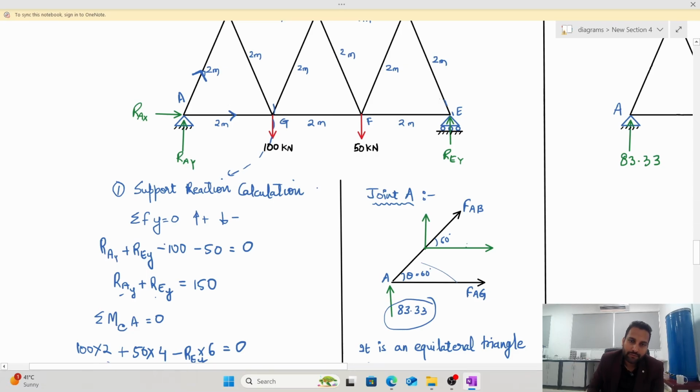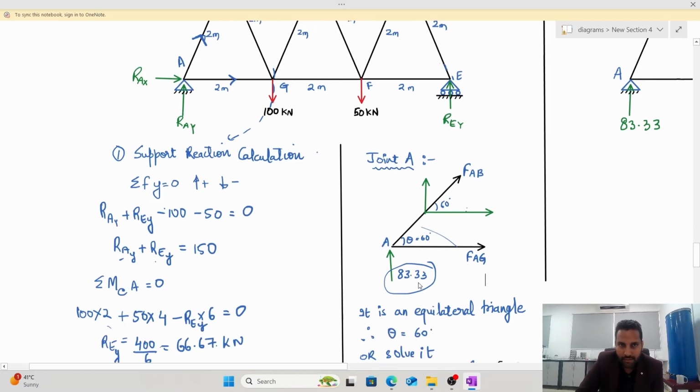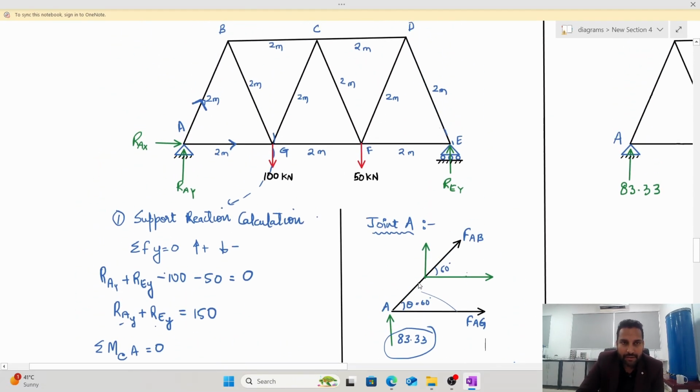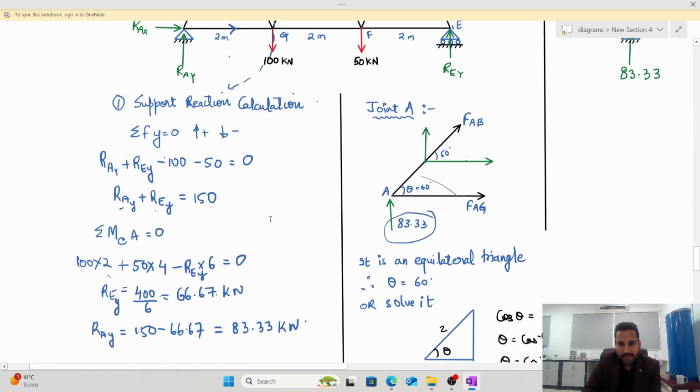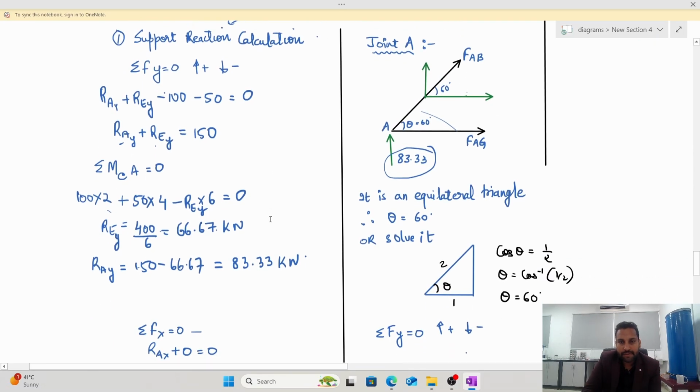So, FAG, that is force from A to G, and then FAB, force from A to B. Now what is this angle? Since all the three sides are equal, 2 meter, 2 meter, 2 meter, it is an equilateral triangle, and in an equilateral triangle the angles are 60 degrees. So this angle is 60 degrees. So theta is 60 degrees.